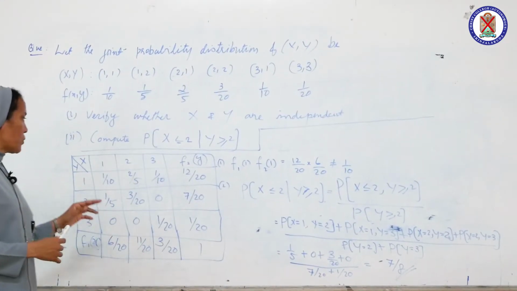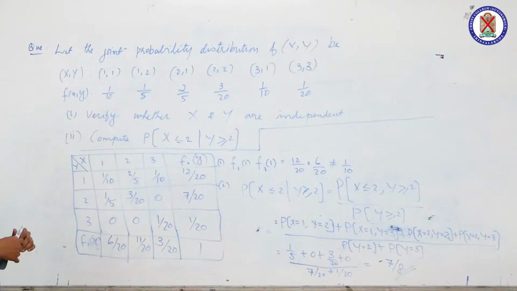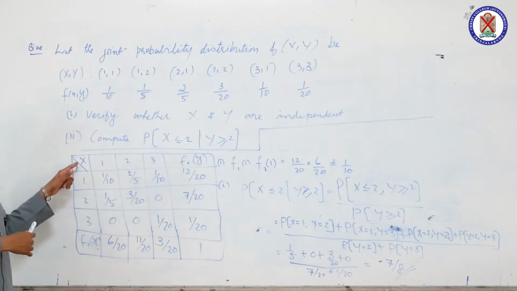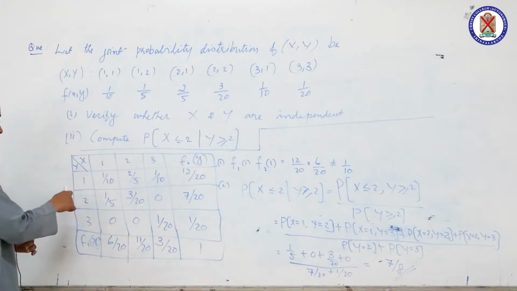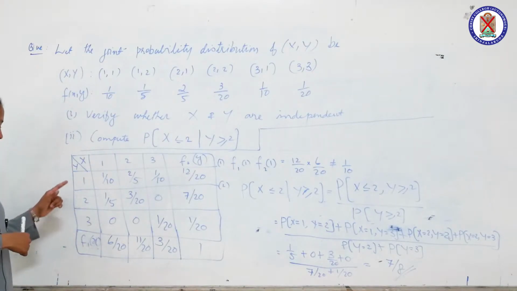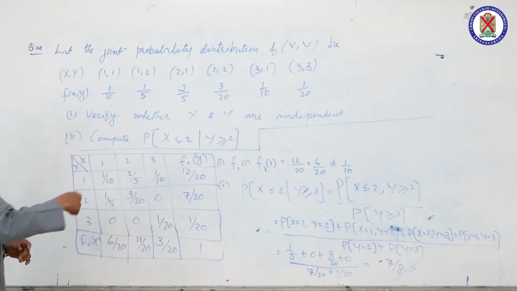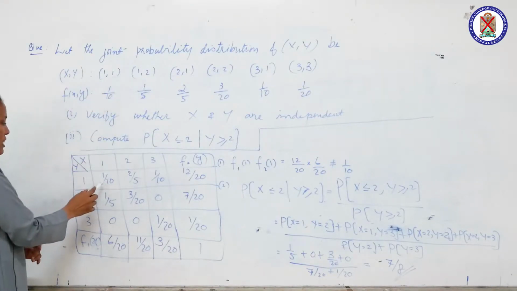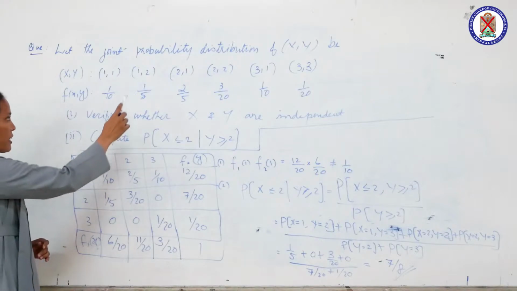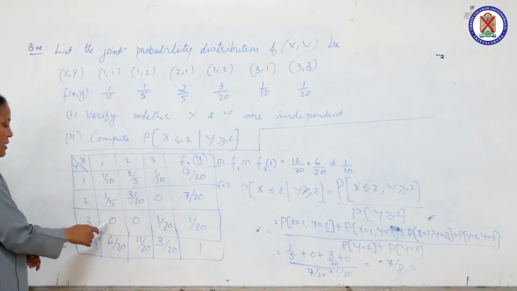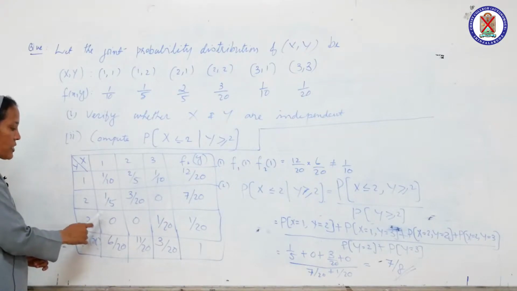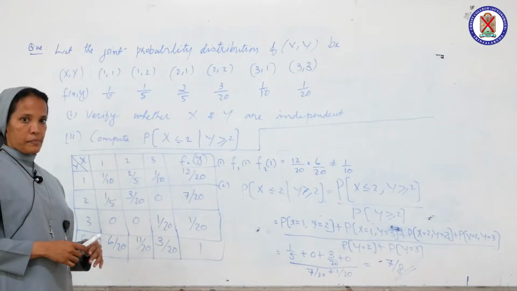From these probabilities, we can make a joint probability table in this way, that is, x values on the first row 1, 2, 3 and the corresponding y values in the first column 1, 2, 3. The probability corresponding to (1,1) is put here, 1/10, and corresponding to (1,2) is 1/5, and corresponding to (1,3) there is no probability, which is equal to 0, and so on.